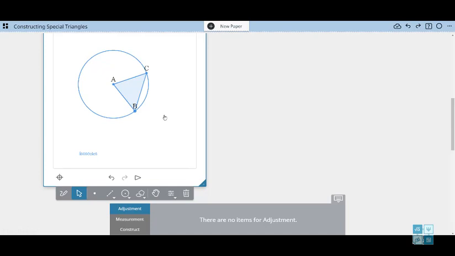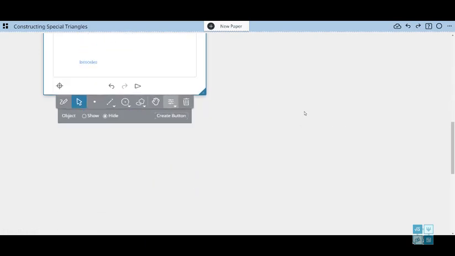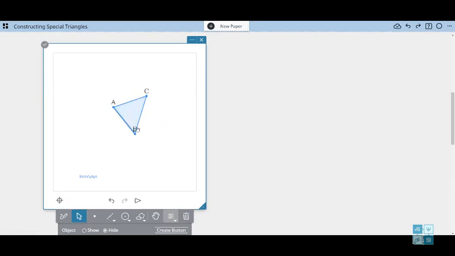So I could even hide this circle if I don't want to see it anymore and I just want to focus on the triangle. Now I have this isosceles triangle that maintains being isosceles because of the way I constructed it. So notice the circle, which would come from a compass if you were doing this by hand, is used to help us get those congruent sides of that isosceles triangle.